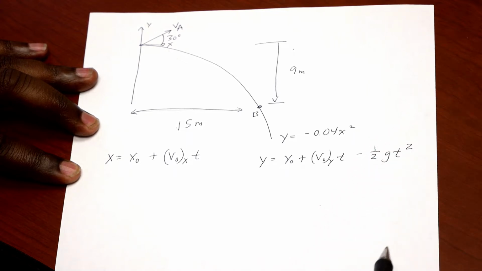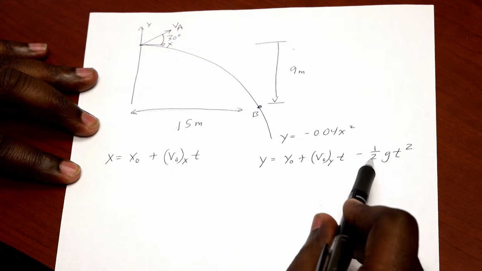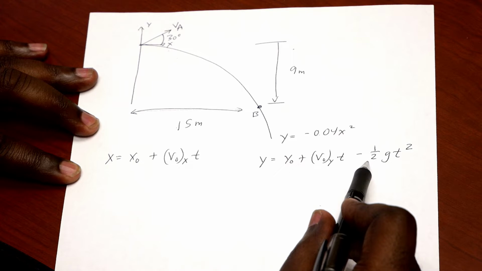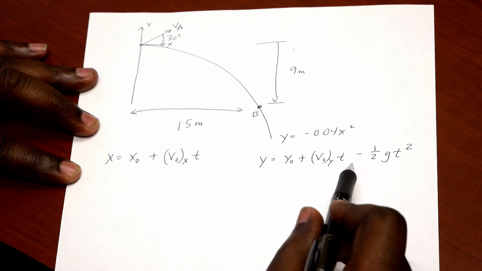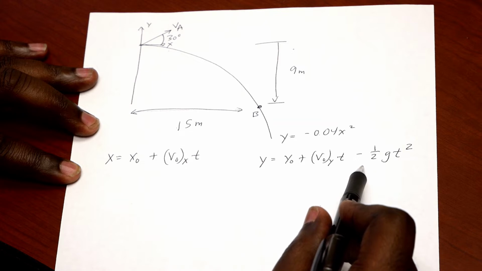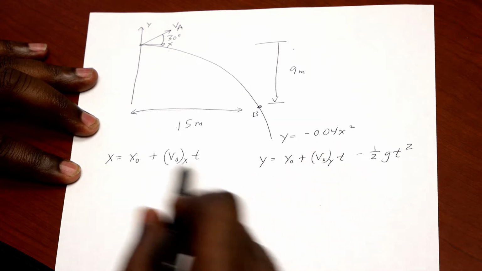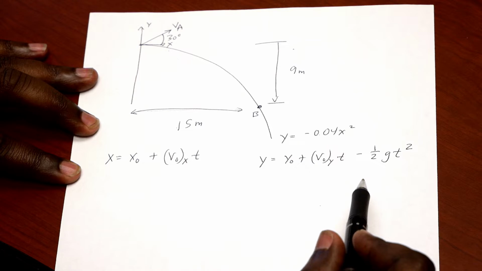Now, in the original equation, you'll see it's 1/2 a t squared, but we know the acceleration of a projectile is always negative with the magnitude of g, which in this case, using meters, is 9.81 meters per second squared. So those are our two equations of motion that we can work with.